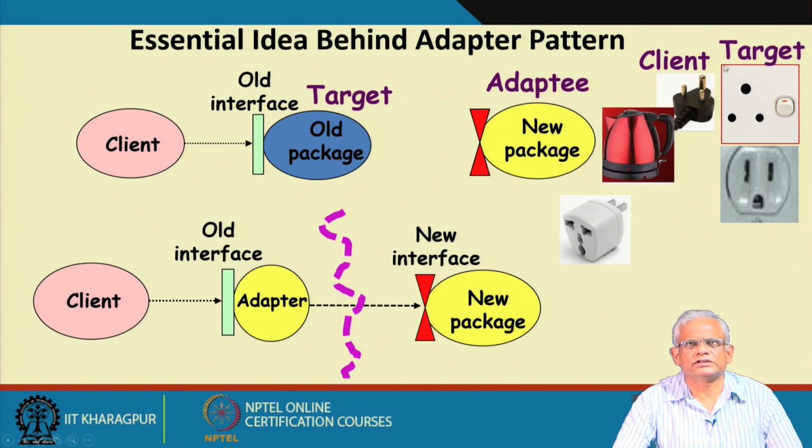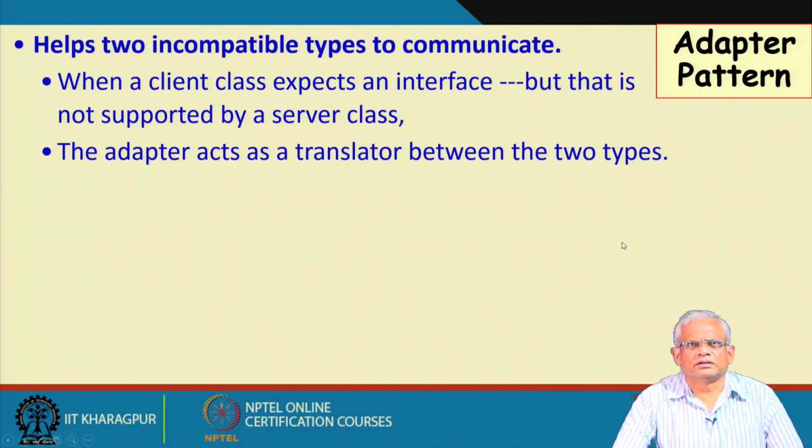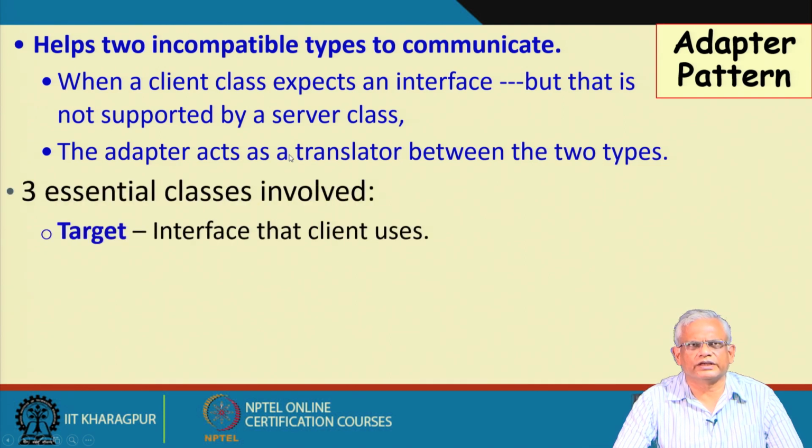The client uses the target interface, and then this is the adaptee, and this is the adapter. The adapter pattern, as we have already mentioned, helps two incompatible types to communicate. When the client expects some interface that is not supported by the server class, the adapter comes into the picture. It acts as the translator between the two types.